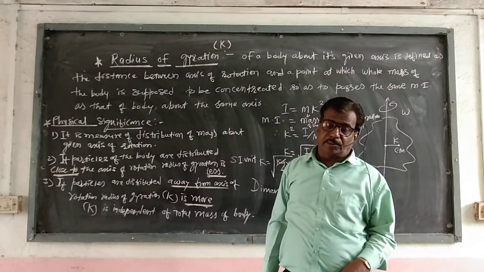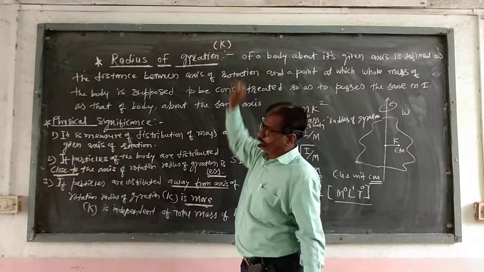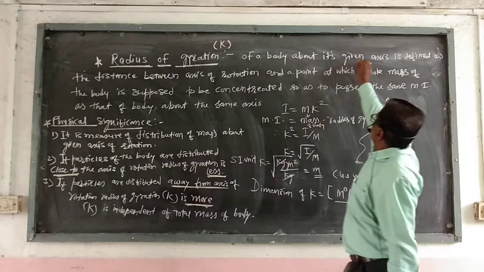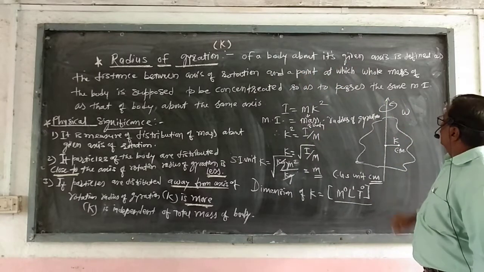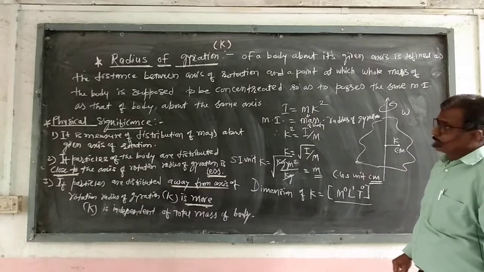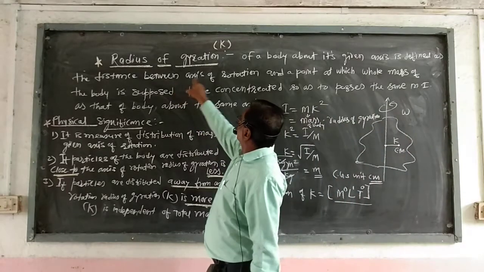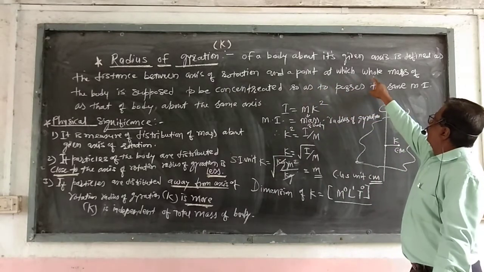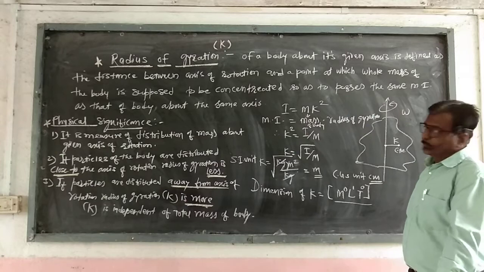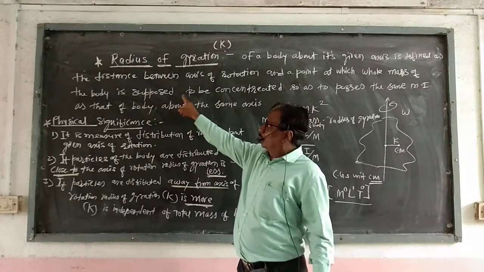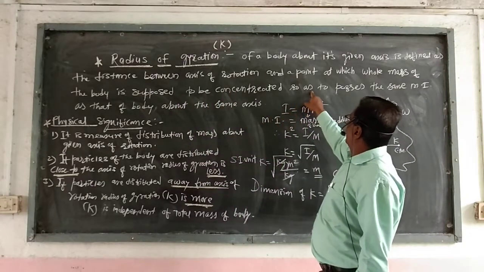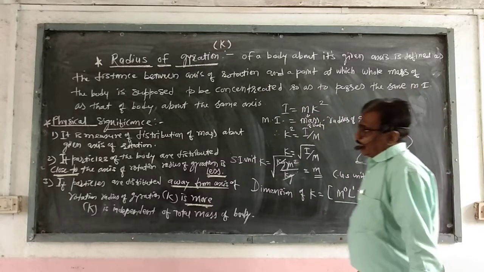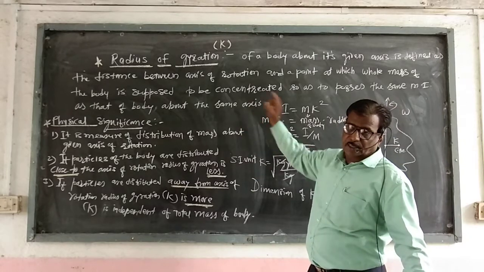Radius of gyration is represented by the letter K. The radius of gyration of a body about a given axis is defined as the distance between the axis of rotation and a point at which the whole mass of the body is supposed to be concentrated so as to possess the same moment of inertia as that of the body about the same axis.